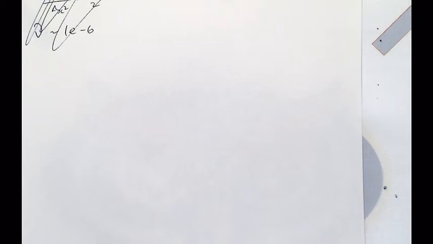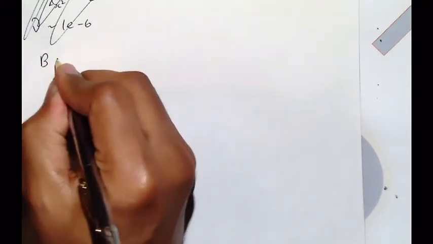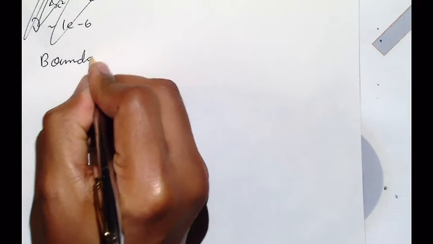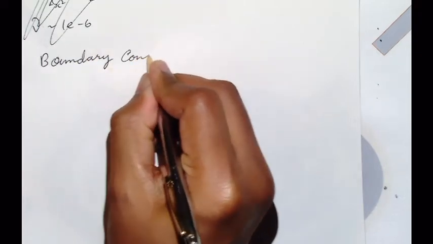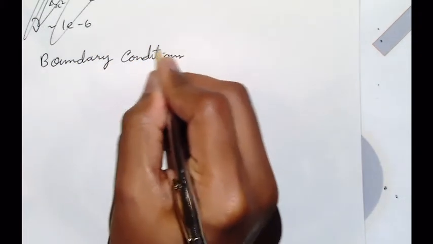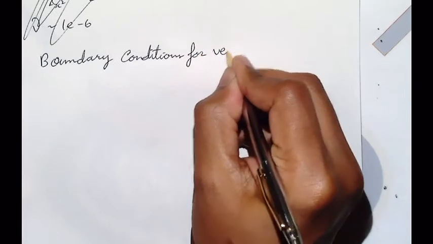Okay. For the velocity, it's straightforward. For the pressure, it's not very clear. Okay. So let's see. Boundary conditions for velocity and pressure.